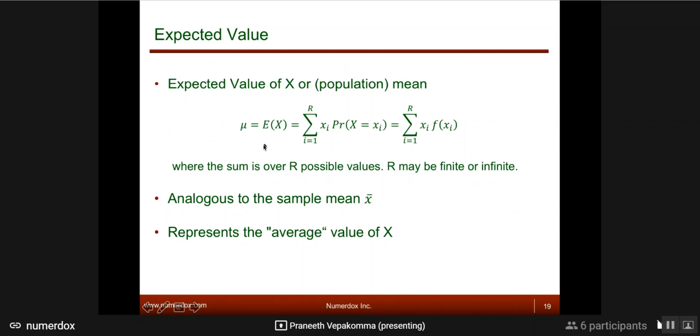Expected value is the formula for computing the population mean. If you knew every data point and knew the probability, then this is the formula for computing the average. If I knew the probability of getting a 1 on a dice is 1 by 6, because the dice is fair, you have 6 possible numbers and each number has a probability of 1 by 6.